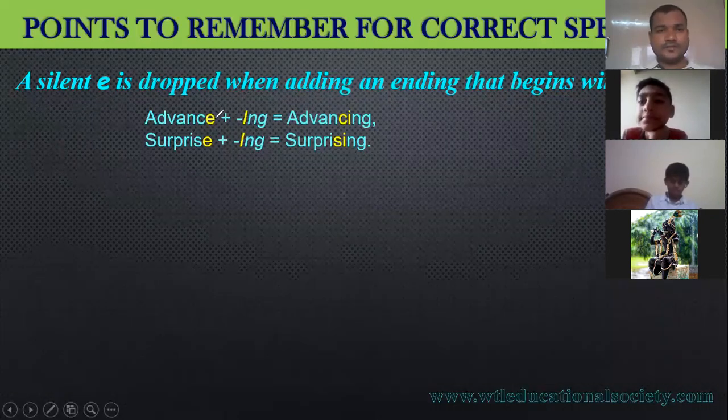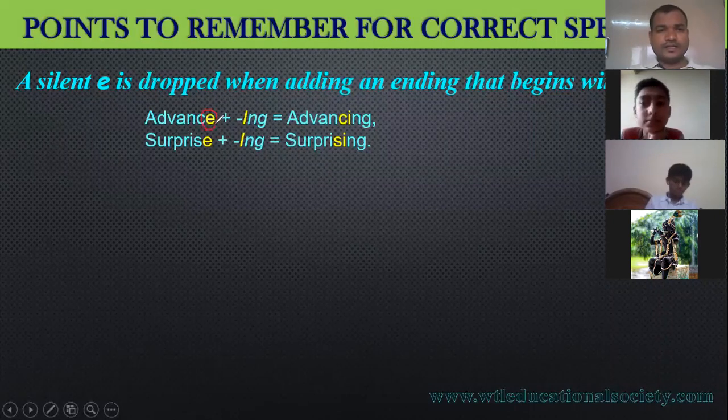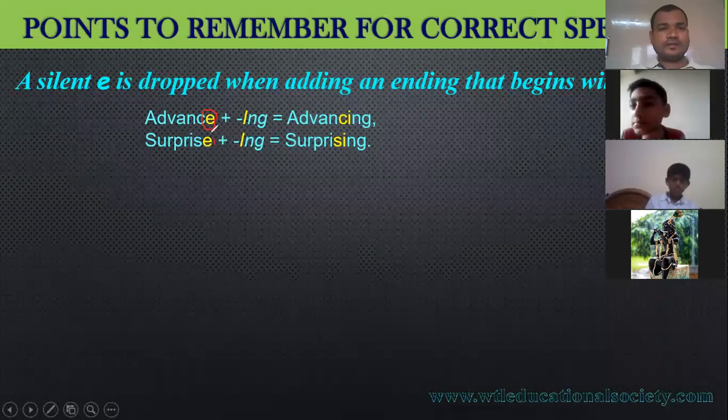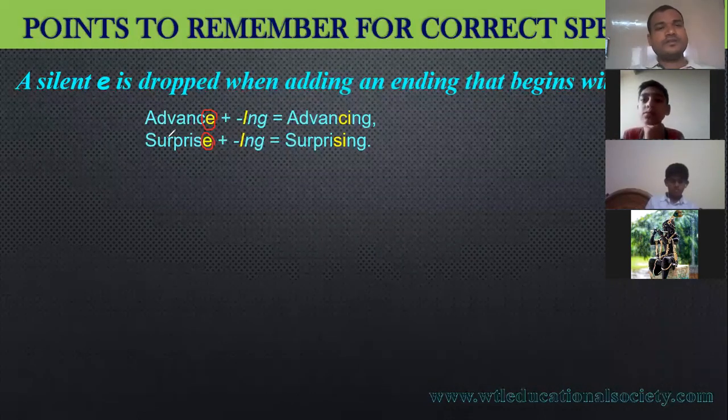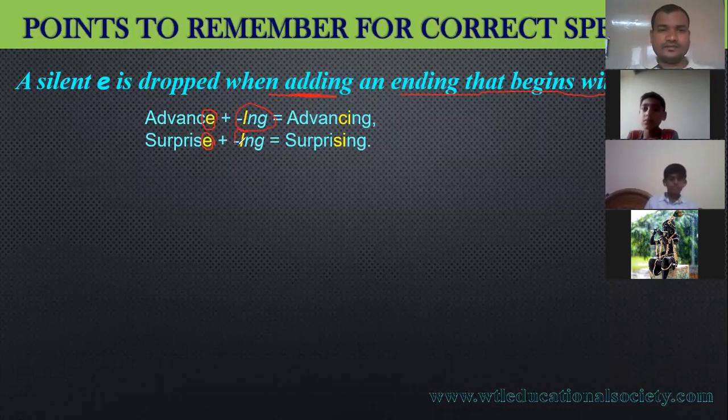Here you are able to see the letter E ending. In the second example also you will see the letter E ending. So when a word is ending with the letter E, and you add an ending that begins with a vowel, here we are adding the ending ing.